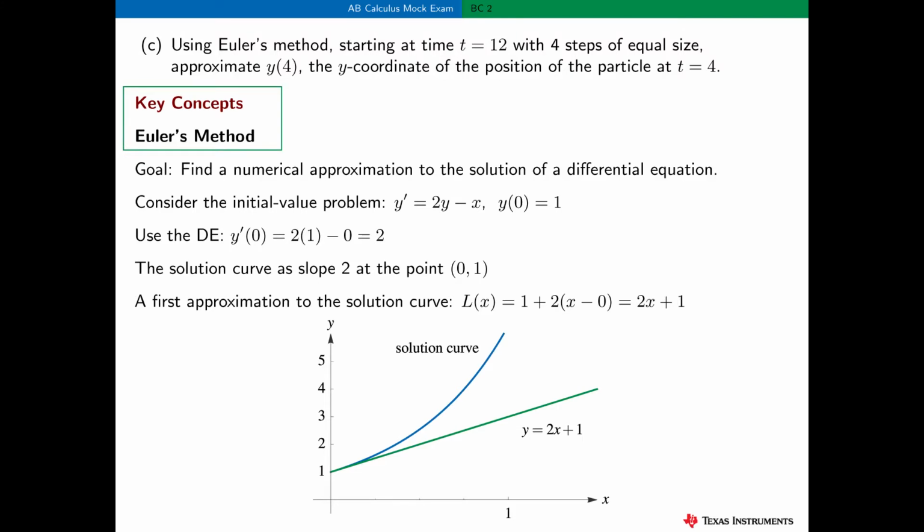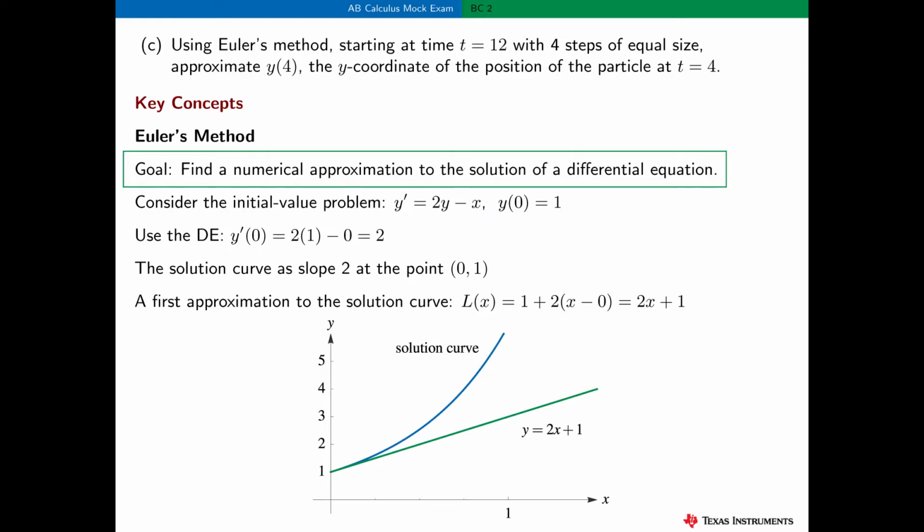So here's some background information and a visualization of Euler's method. The goal is to find a numerical approximation to the solution of a differential equation. And the basic idea used to generate slope fields is used to find this approximation.